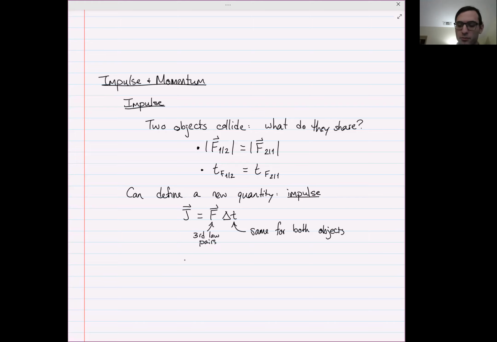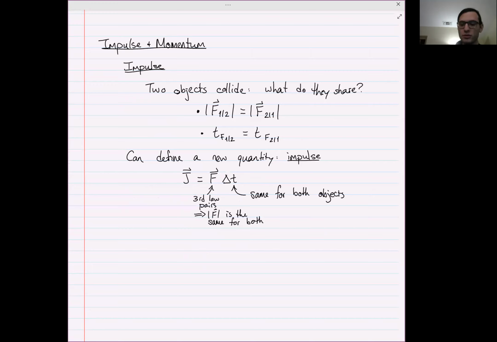And what that implies is that the magnitude is the same for both. And again, this is for two colliding objects.